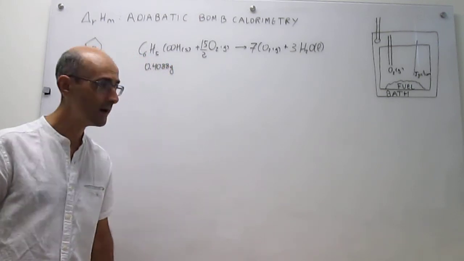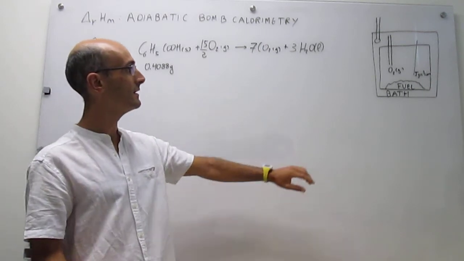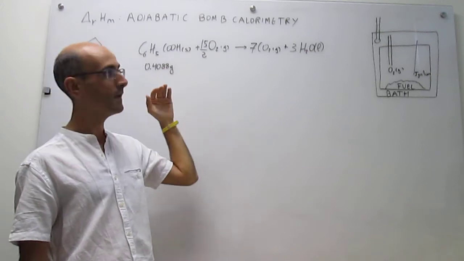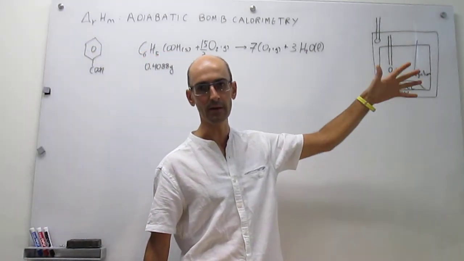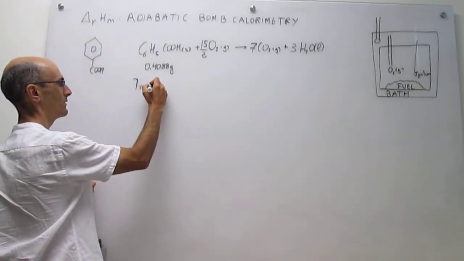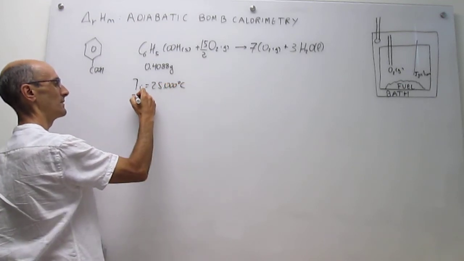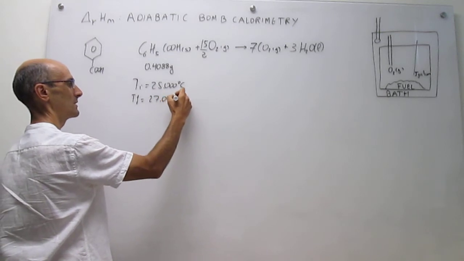All right, so now we need some additional data for this problem, and the data is that when you burn this amount of that fuel, the temperature of the calorimeter, the bath of water and the metal casing, increases from an initial temperature of 25.000 Celsius to a final temperature of 27.050 Celsius.